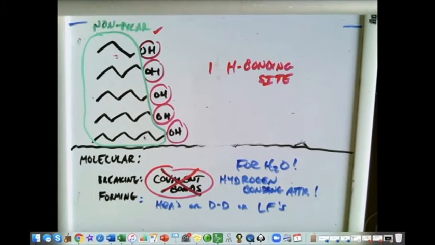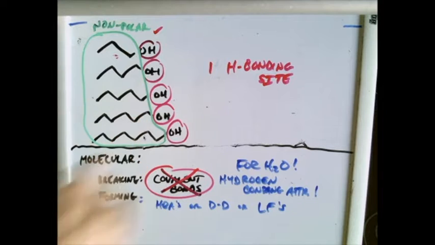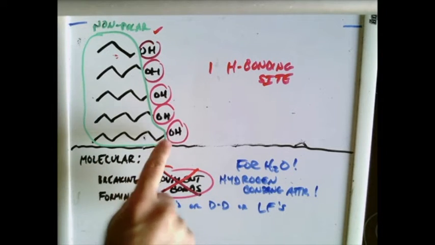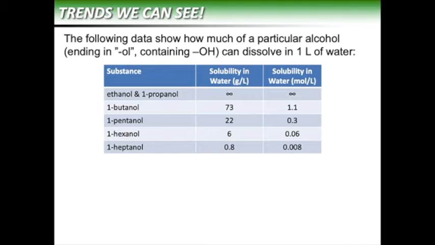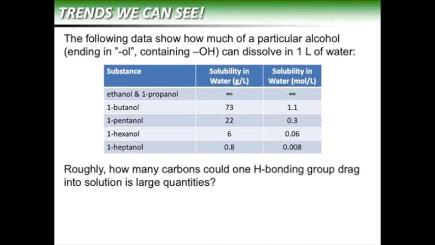Now that I've got 6 carbons sitting here on the outside, I can only get 6 grams of hexanol per liter to dissolve, and I'm down to less than a gram when I get to heptanol. And so I think what we can sort of see here is that really, if I want to get these things to dissolve in appreciable quantities, I can't go much further than roughly 4 or 5 carbons per hydrogen bonding group. That's about it.